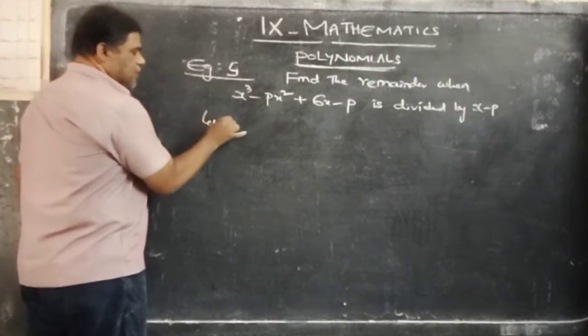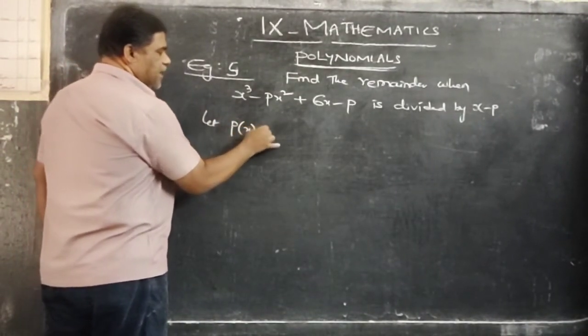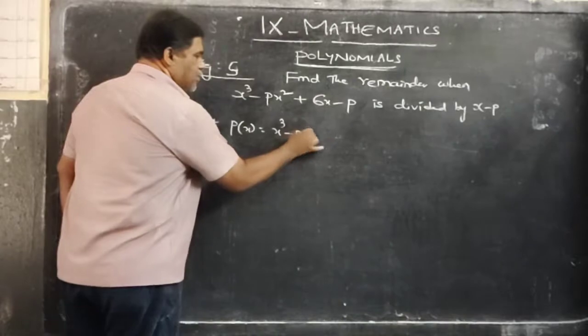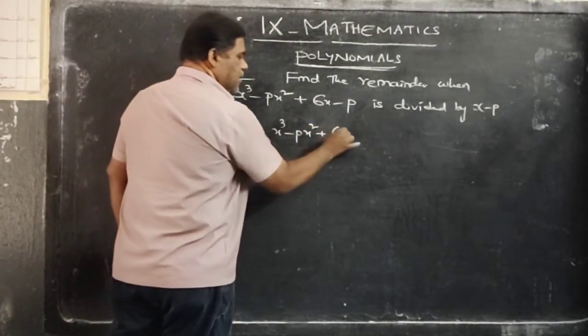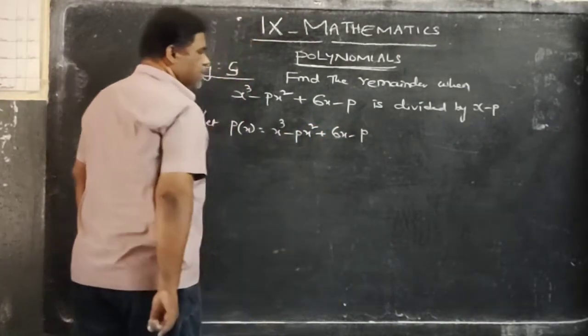So first we suppose the given polynomial as p of x, x cube minus px square plus 6x minus p.